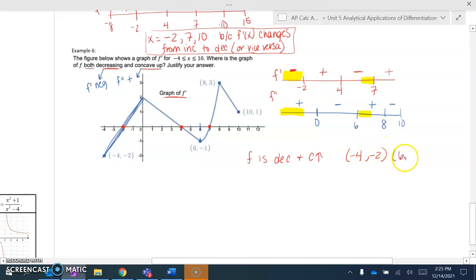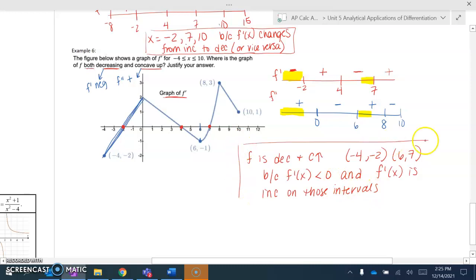And then also from 6 to 7. Because f prime of x is less than 0 and f prime of x is increasing on those intervals. So in both of those rationales, I referred to f prime because that's what I was given.